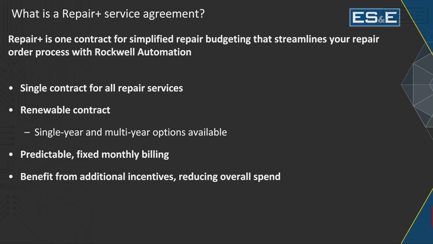So a lot of customers say they put $5,000 into this Repair Plus contract, and they're going to get an additional 20% bump on top of that, additional buying power.